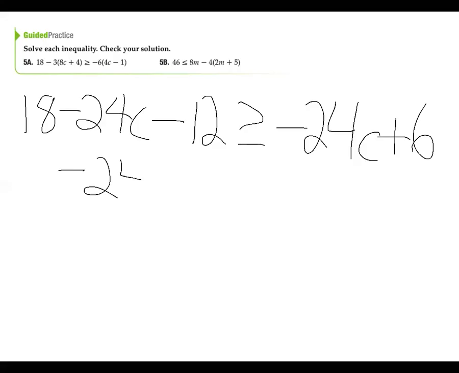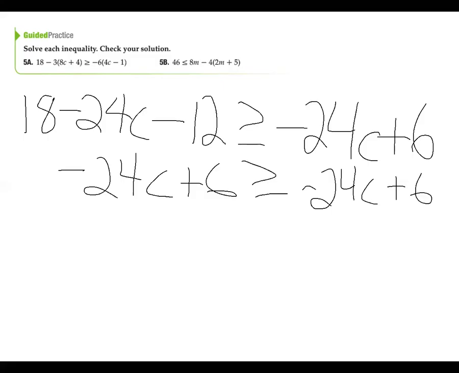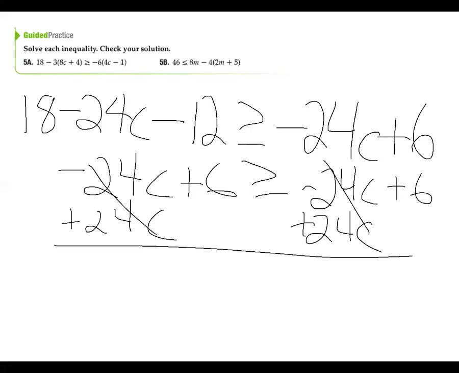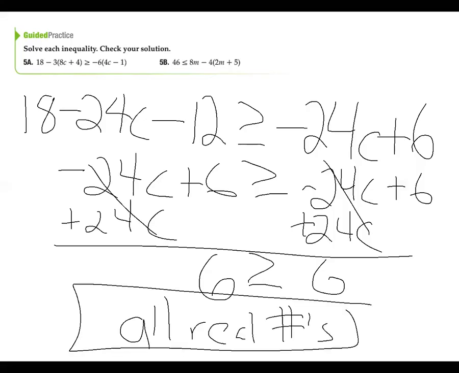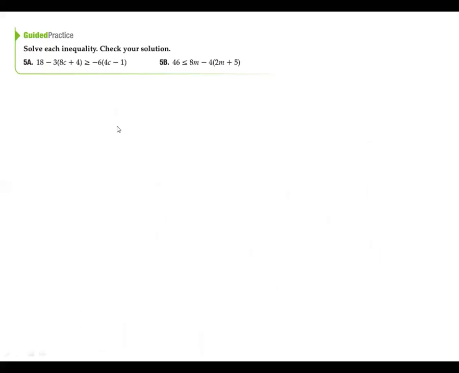So that'd be negative 24c plus 6 is greater than or equal to negative 24c plus 6. Add 24c to both sides. Okay, I see what's going on now. So 6 is greater than or equal to 6, and this is all real numbers. That's our answer. Okay, sorry about that. Hope that didn't cause any confusion.